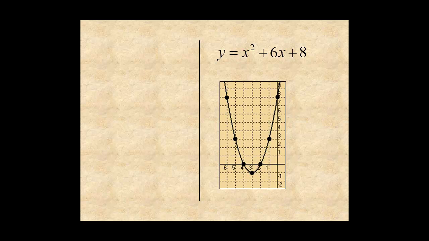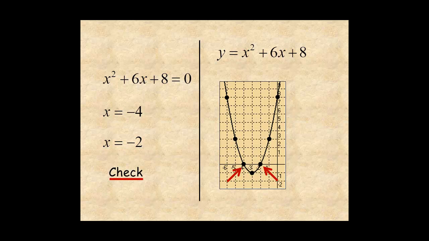You can see from the graph the x-intercepts are at negative 4 and negative 2. So returning to the related equation, the solutions are x equal negative 4 and x equal negative 2. Be sure to check the solutions.